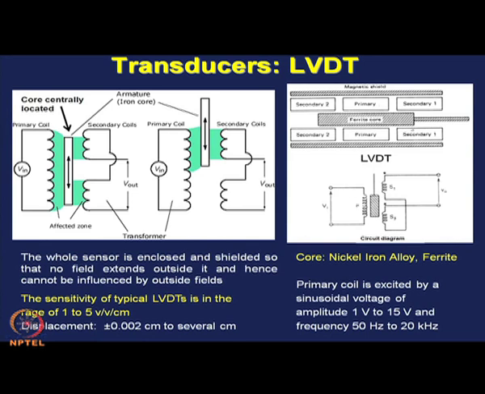Primary coil is excited by a sinusoidal voltage of amplitude 1 volt to 15 volts and frequency 50 hertz to 20 kilohertz. The whole sensor is enclosed and shielded so that no field extends outside it and hence cannot be influenced by outside fields.